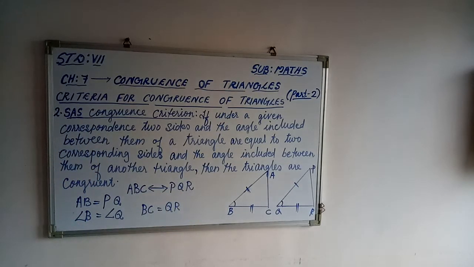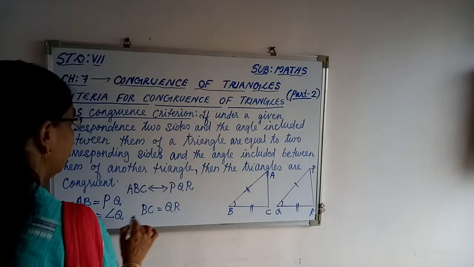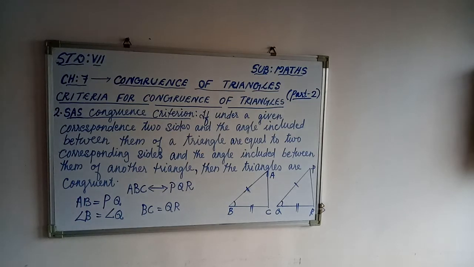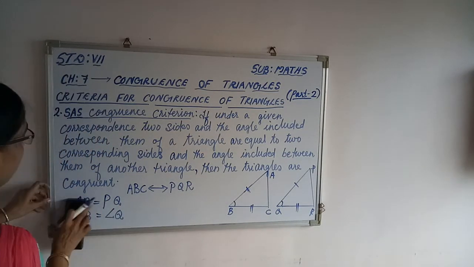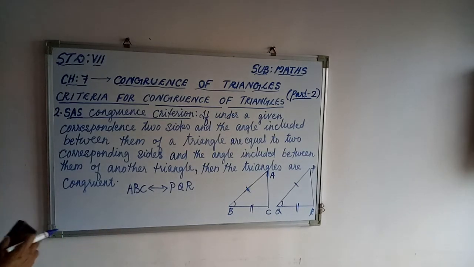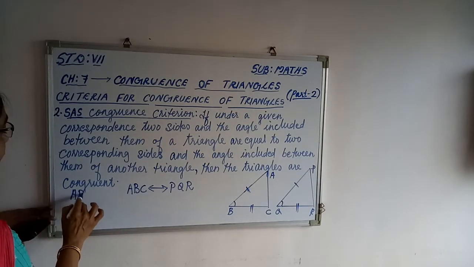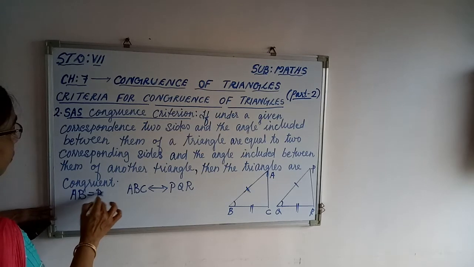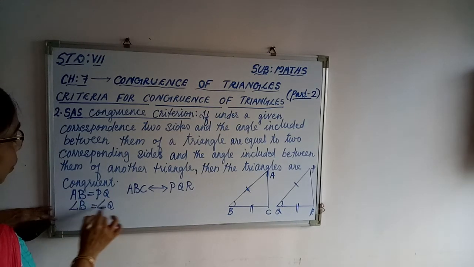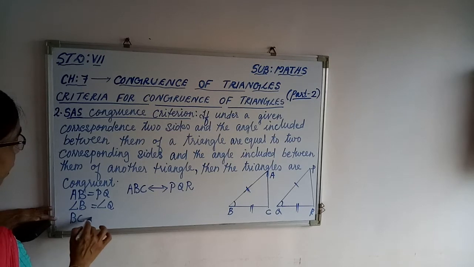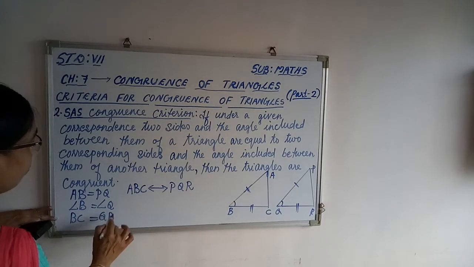Is that clear? Now therefore we can write triangle ABC is congruent to triangle PQR by which congruence? It is SAS congruence. AB equals PQ, angle B equals angle Q, then BC is equal to QR.